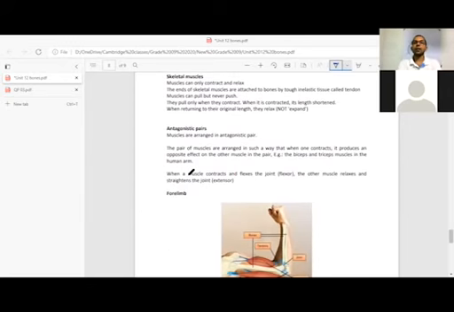And the important part is the antagonistic pairs. These skeletal muscles are arranged as antagonistic pairs. What are antagonistic pairs? The pair of muscles is arranged in a way that when one is contracting, the other produces the opposite effect.